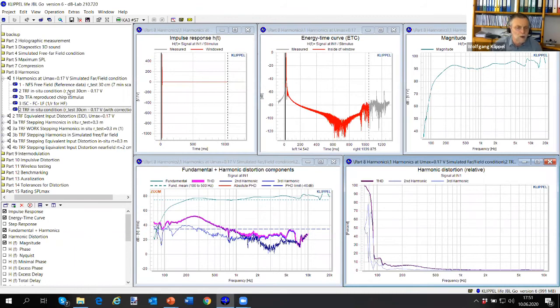Of course, sometimes we have here in Dresden at the university an anechoic room, a big one, but it's very inconvenient for us to drive here for half an hour to the university. But of course, we have compared the anechoic measurements here with the near field measurement, and also with a simulated far field, free field condition, and with the near field measurement from the near field scanner.